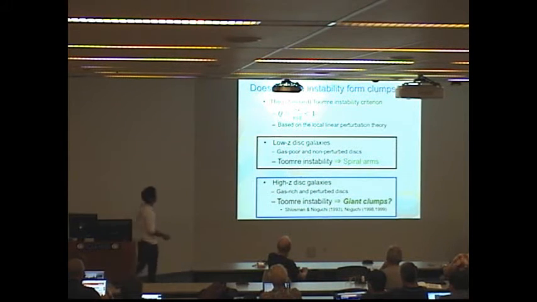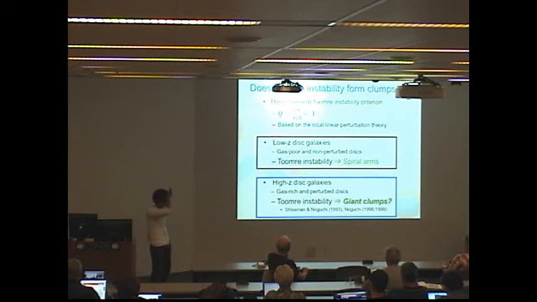Anyway, Toomre instability has been discussed to result in the formation of giant clumps. But this proposition was made by the earliest works on this kind of galaxy. So what I want to do is to find out whether this scenario is true or not.